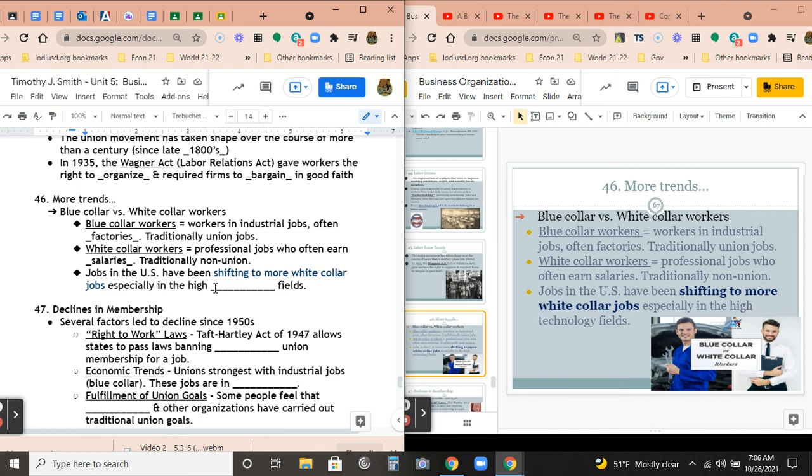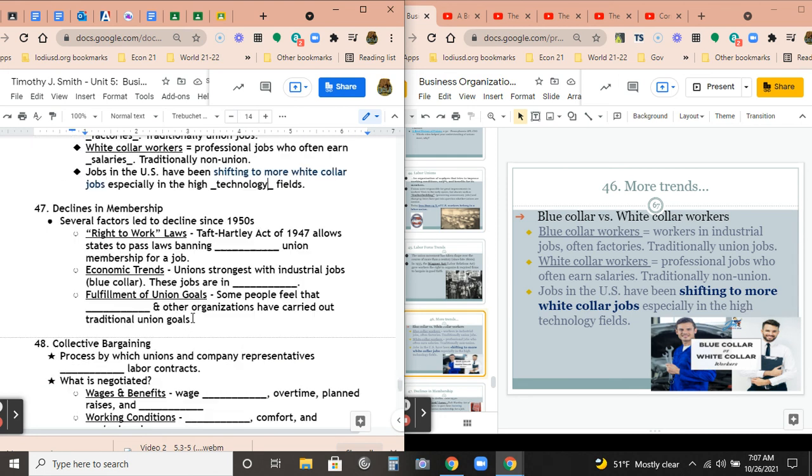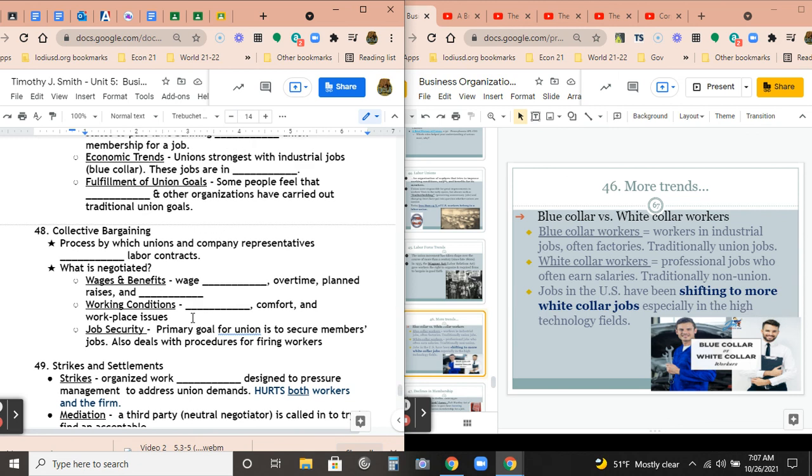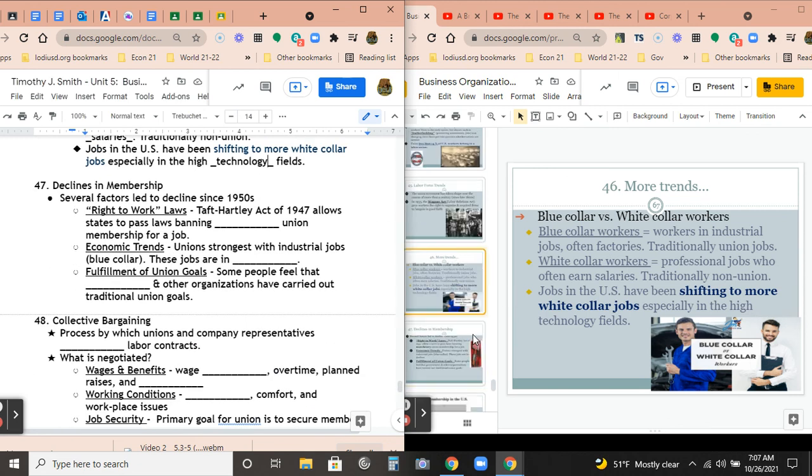Blue-collar jobs can require significant training, though, as well. It kind of just depends on which sector. So you have a mechanic versus, I don't know, salesman or accountant. Shifting to more white, especially because we have a lot of jobs in the tech industry. Those are considered white-collar jobs, so it's kind of a shift. Although generally there's been a trend towards more service-related jobs in America.